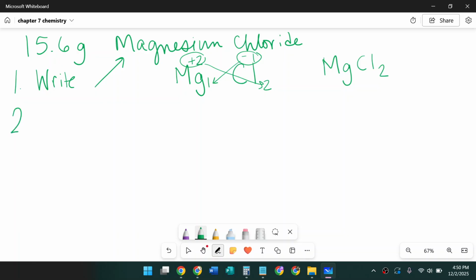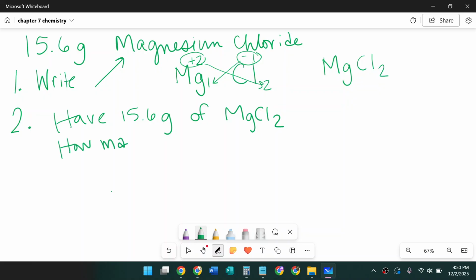And then step 2 would tell you how much we have. We have 15.6 grams of this. And they want to know how many moles. Let's do 2 things. 1, let's go look at our chart and figure out how do we get there.